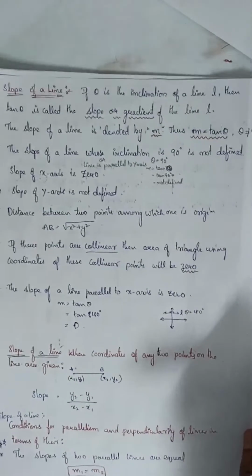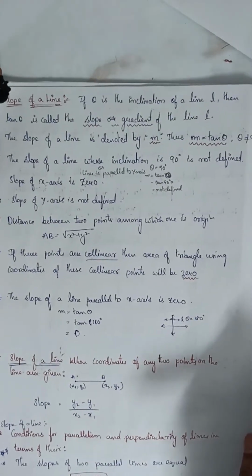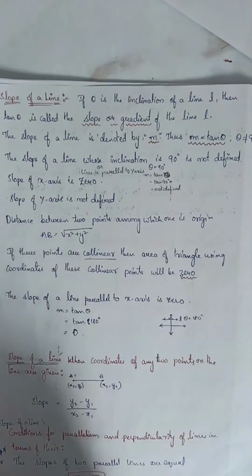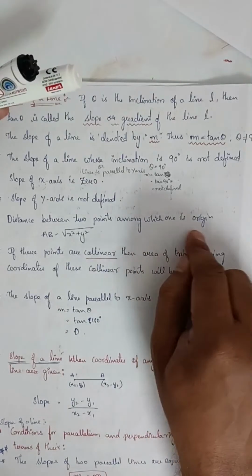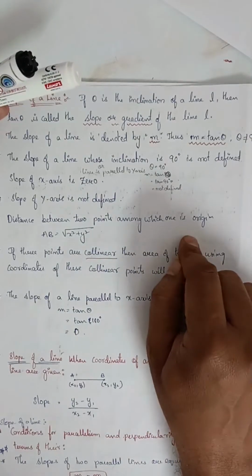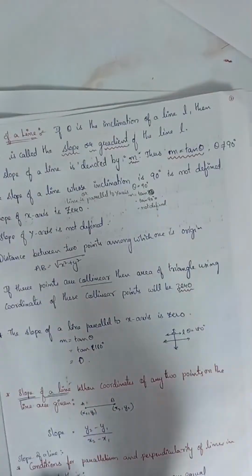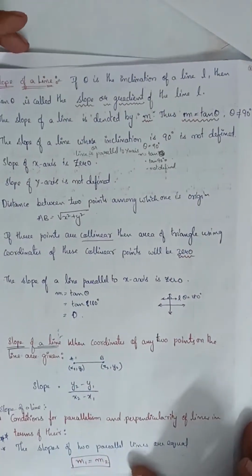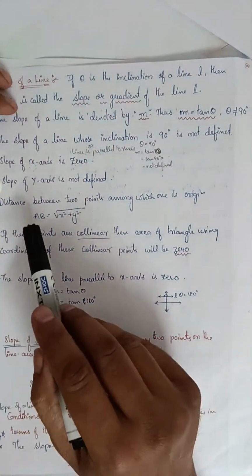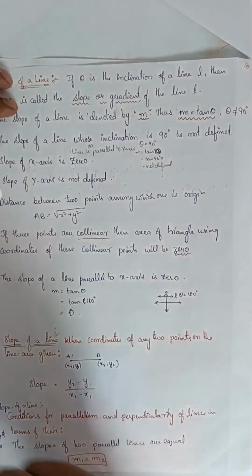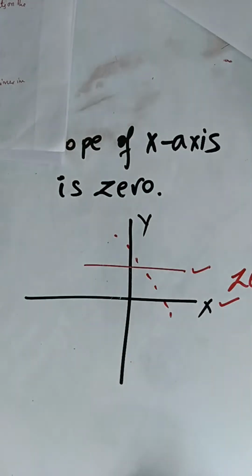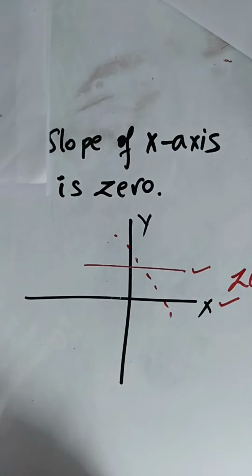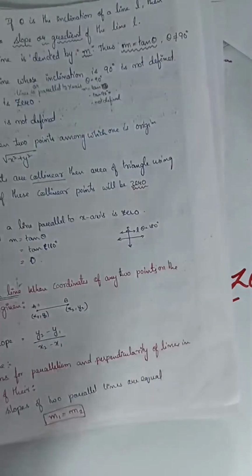Next, the distance between 2 points among which one is the origin.